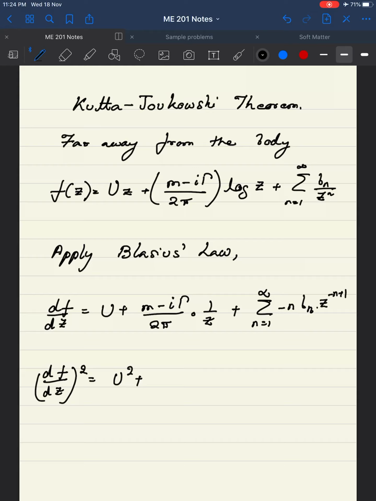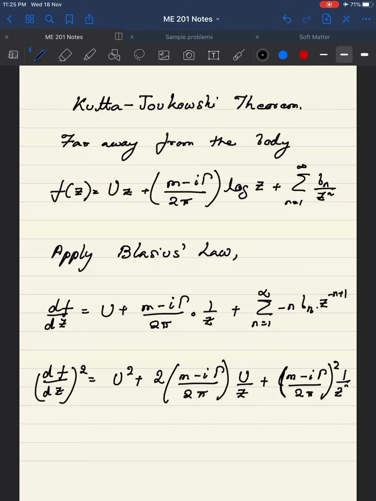So the first term is u², and then you have 2 (m - i tau)/(2 pi) times u by z. That's the second term, and then you have another term which will be a 1 by z² term, plus order of 1 by z³ terms.